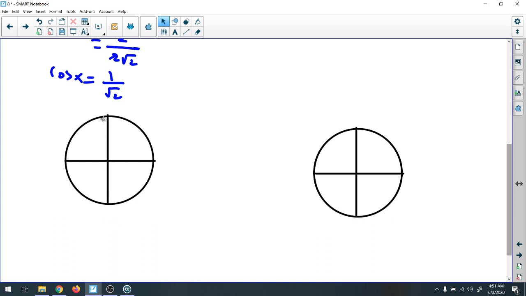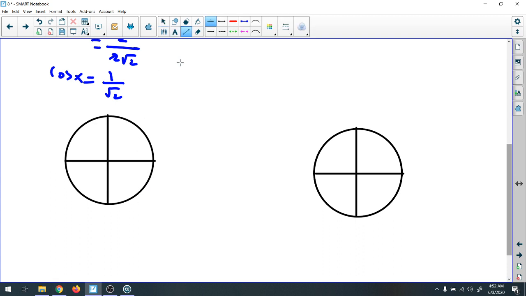Okay, so where is cosine? Cosine could be in the first, because all are positive. We have positive here, or in the fourth. Sine only here is positive. Tangent only here is positive. So our angle could be in the first quadrant or in the last quadrant, the fourth.